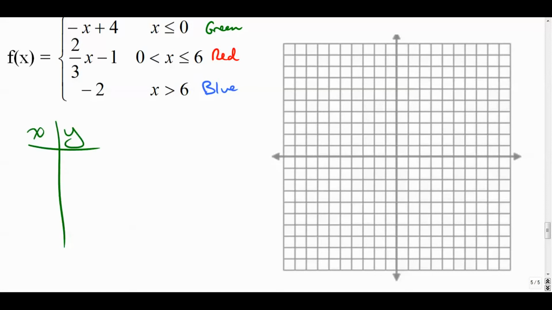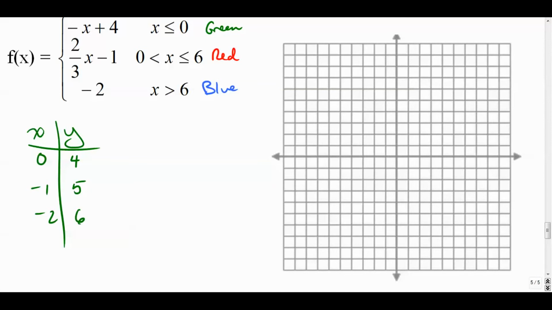it's helpful to have your t-chart. So this is to the left of 0, including 0. So I'm going to go 0, negative 1, negative 2. It's a linear function, so it should be pretty easy to get these points. When x is 0, top function gives me 4 as a y value. This is 5, and this is 6.